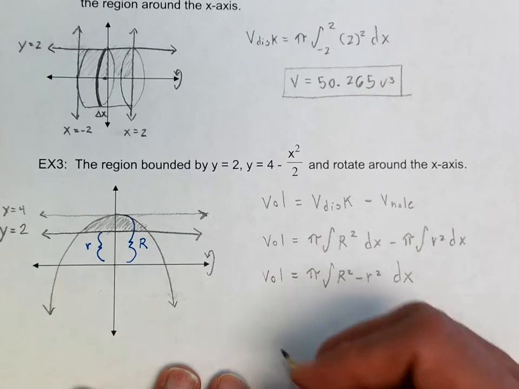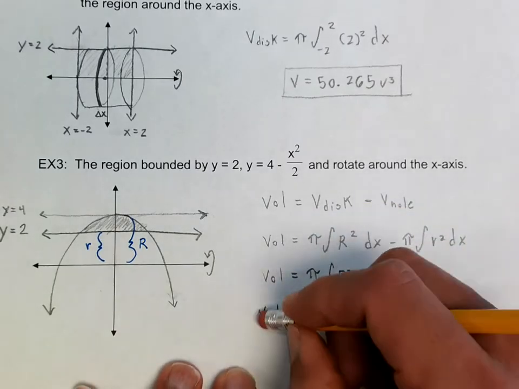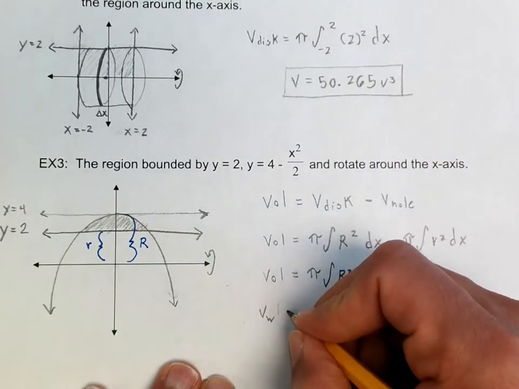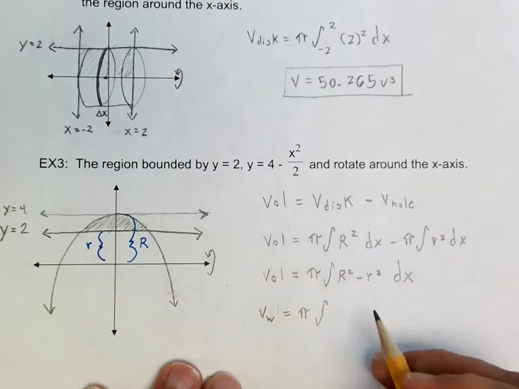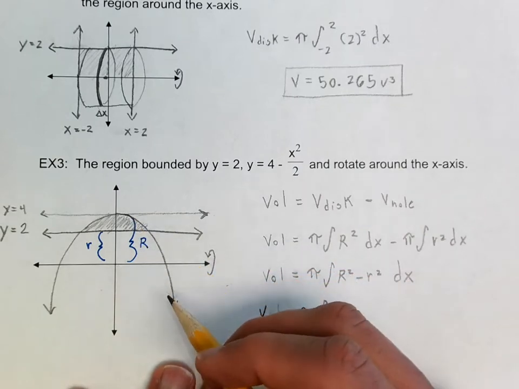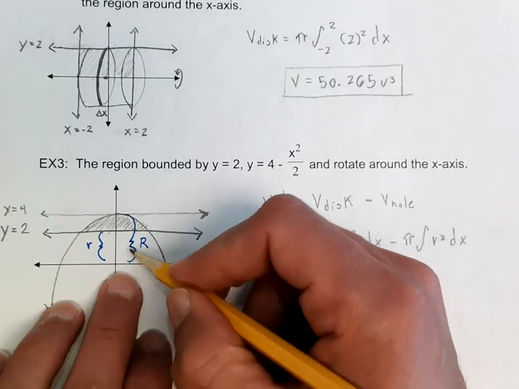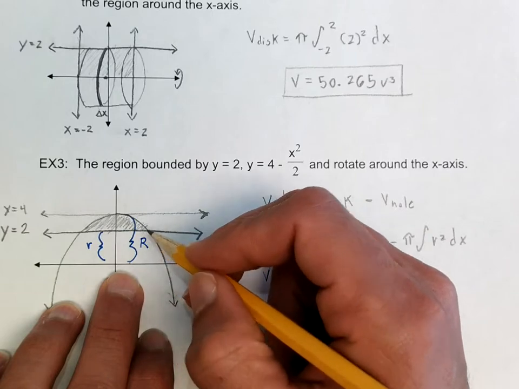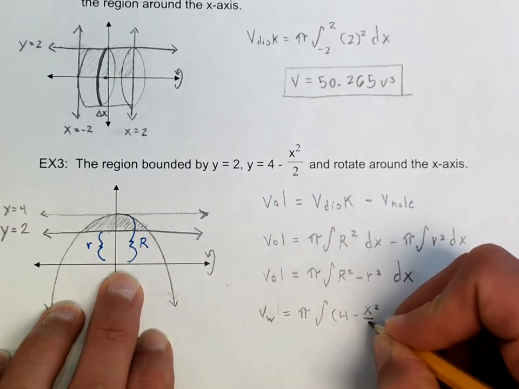So on this one right here, the volume, and normally we put a V_W here, as in the volume of the washer, is equal to pi times the integral of the radius. This radius right here, you're going to find by using this function. From here to the top of this line would be (4 minus x squared over 2) squared.